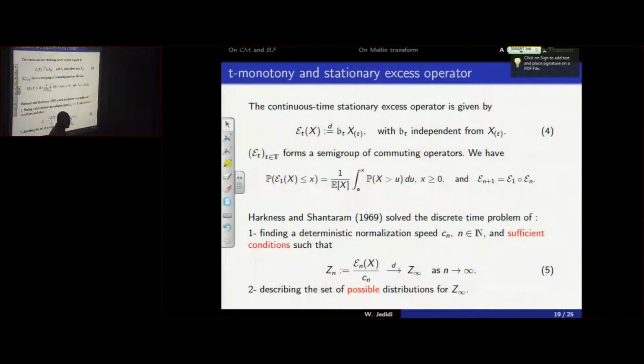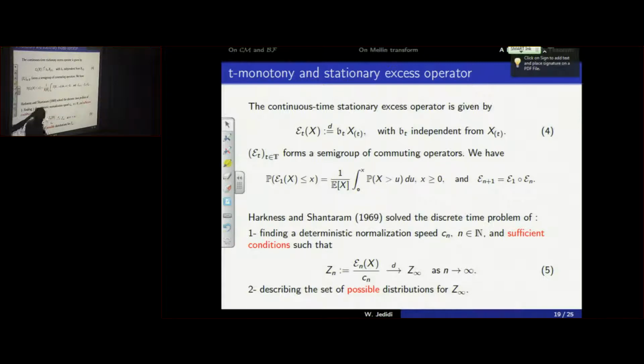What is the problem of Harkness and Shantaram? They start with a random variable, that means they start with a probability measure, and they apply what is classically called the stationary excess operator. You integrate, normalize, and you get a new random variable, a new distribution.